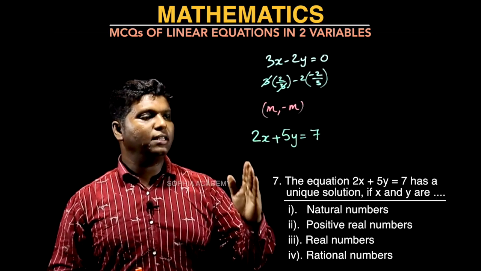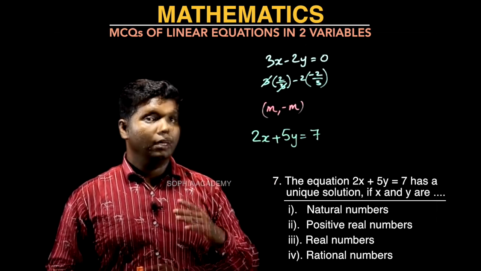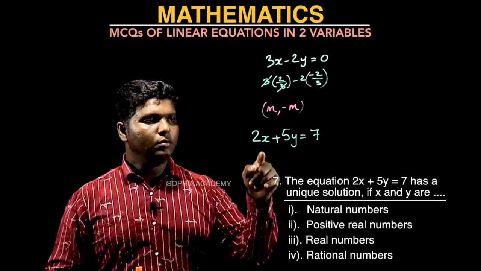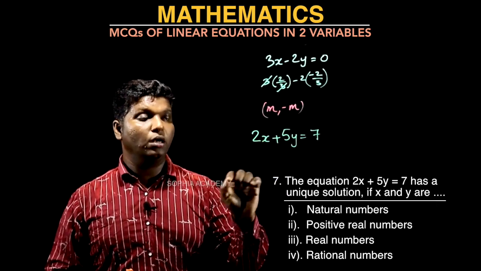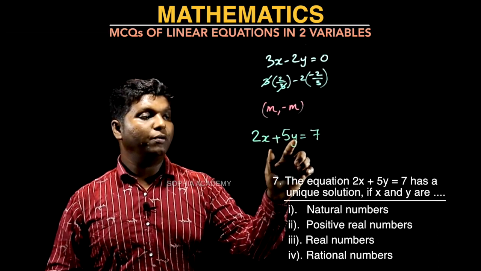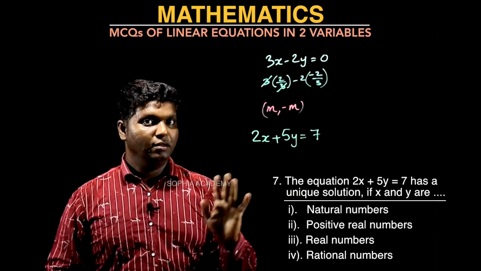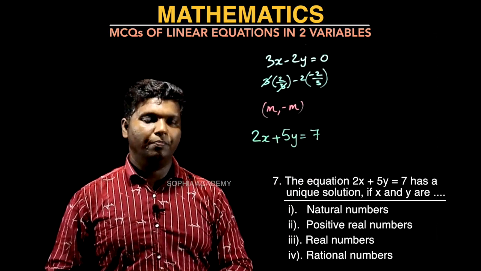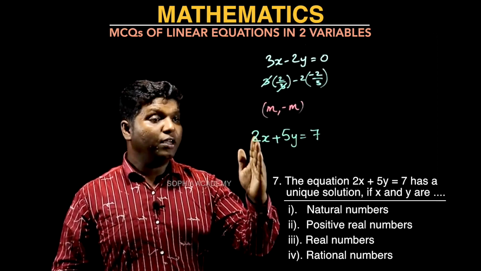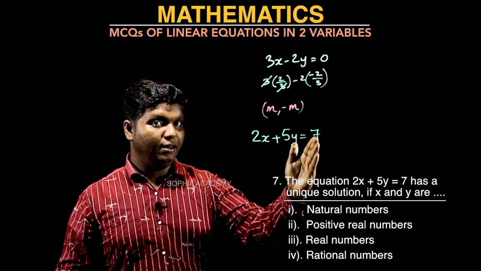So see, let us check the first option. If x and y are natural numbers, just give a natural number. If x is 1 and y is 1, 2 into 1 is 2, 5 into 1 is 5, 2 plus 5 is 7, right? 1, 1. You got the correct option. So you understood that if you give 1 here and 1 here, definitely this is going to become 7.